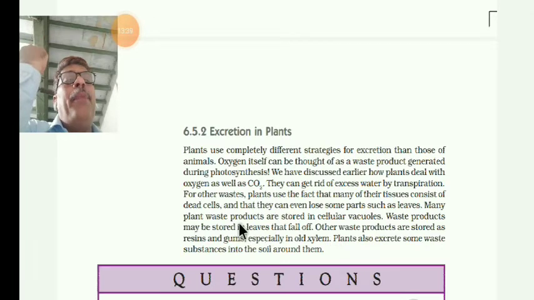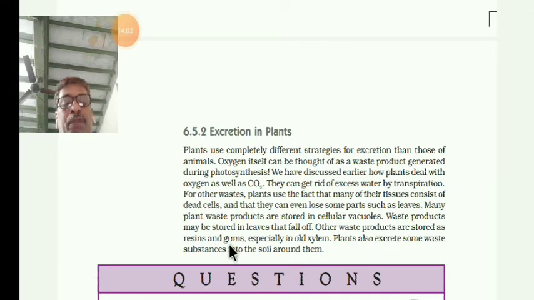Many plant waste products are stored in cellular vacuoles. Waste products may also be stored in leaves that fall off. Leaves falling off is the waste. Other waste products are stored as resins and gums.